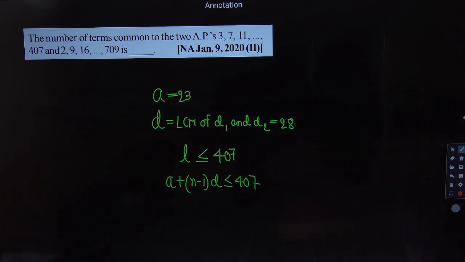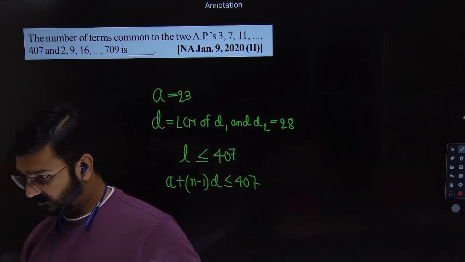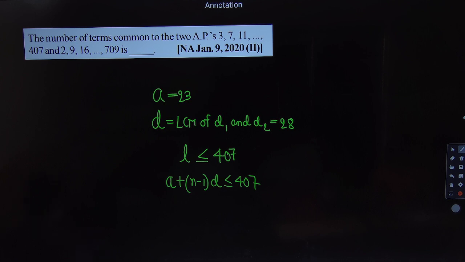N will come in decimal. I think 14 point something. Maybe 14.7.